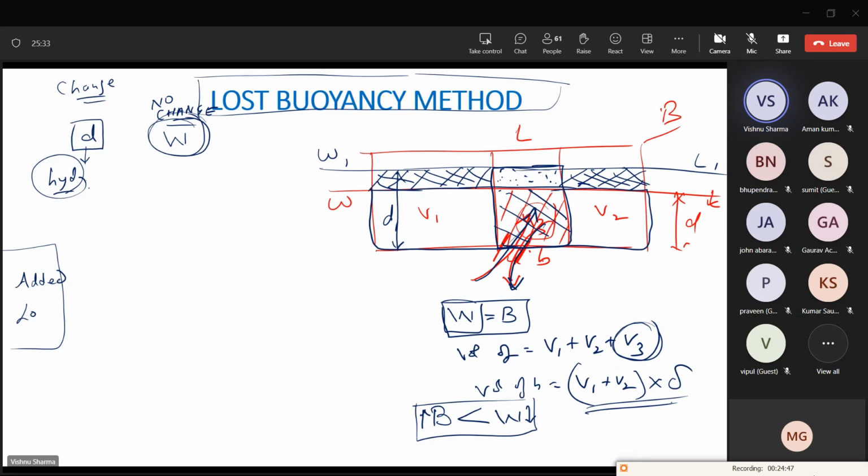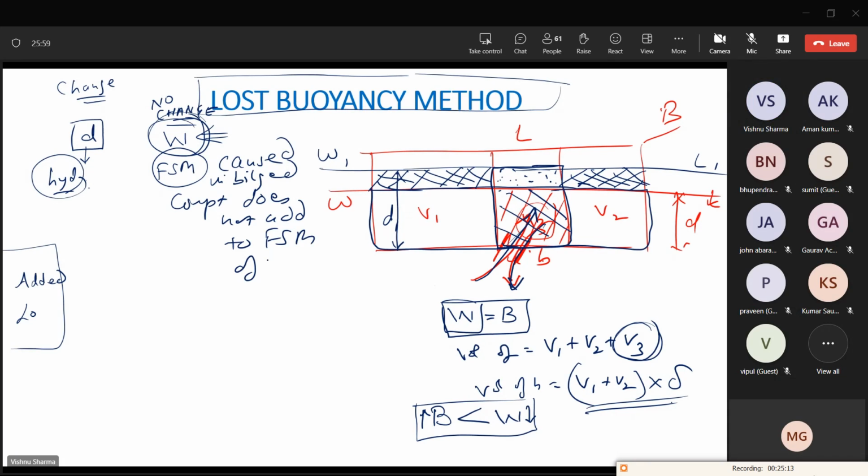So another big advantage of this lost buoyancy method is, one, displacement remains unchanged. And second, the FSM caused in the bilged compartment does not add to the ship's FSM, does not add to the FSM of the vessel.